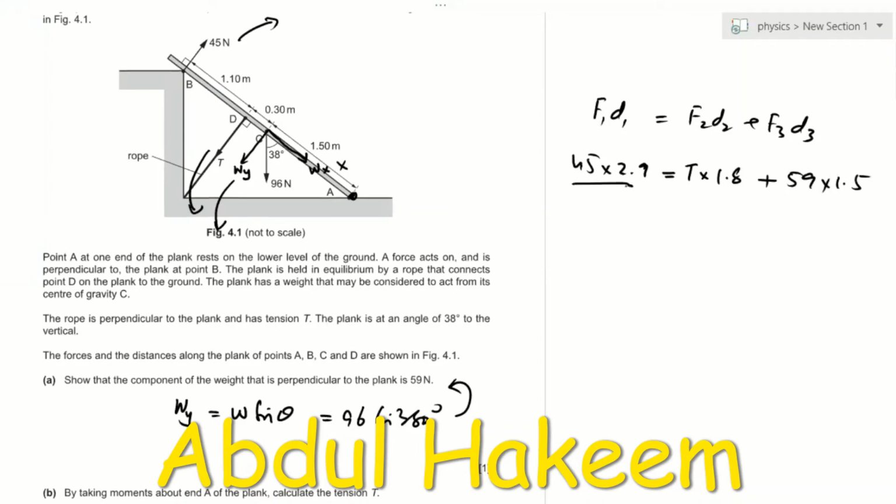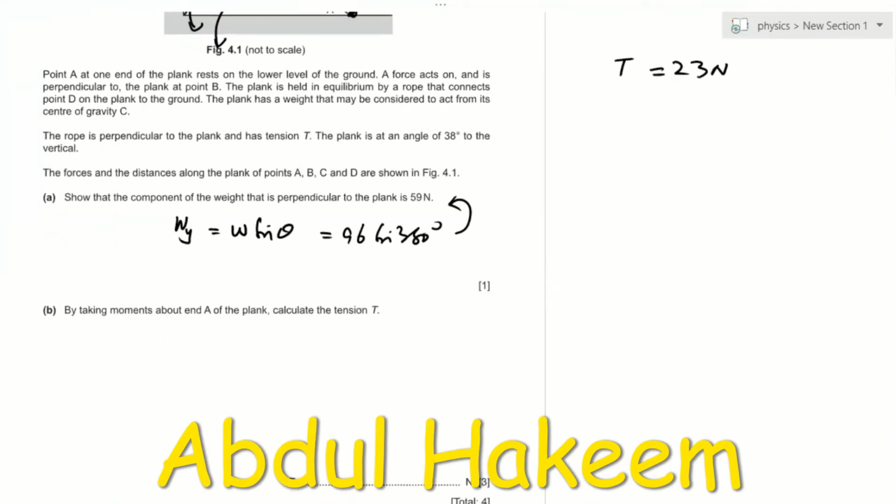Now multiply these two, the difference of these two divided by 1.8. Let me calculate. So this minus this one divided by 1.8. So the answer of the tension is coming 23 Newton. So we have to write this calculation over here.